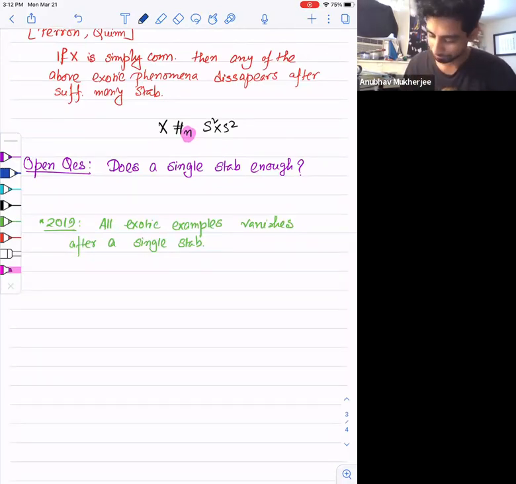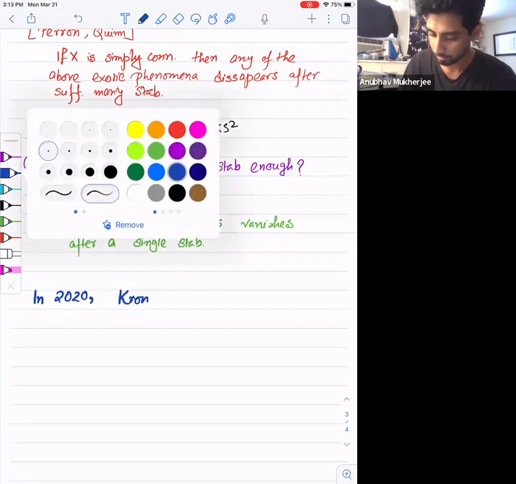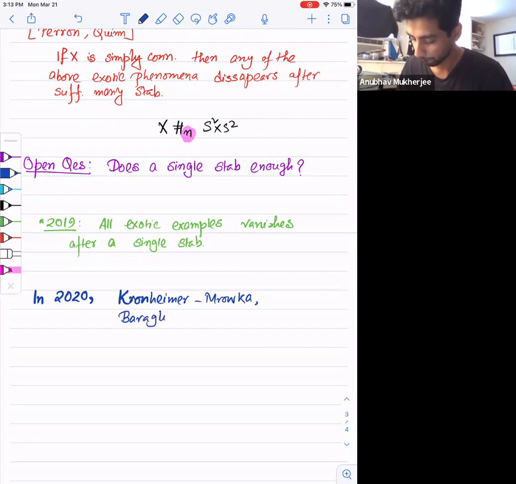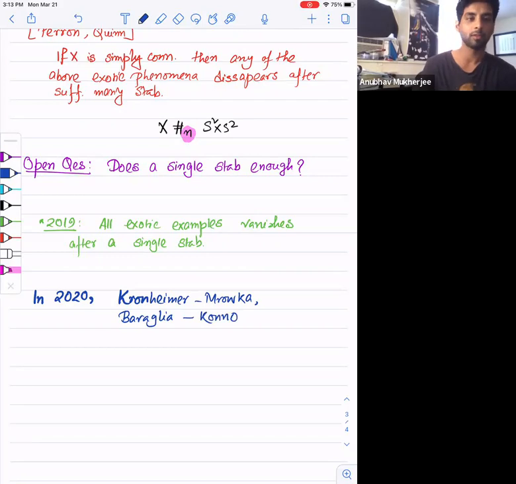In 2020, Kronheimer and Mrowka, and also independently David Baraglia and Hokuto Konno, came up with a very interesting construction of an exotic diffeomorphism.